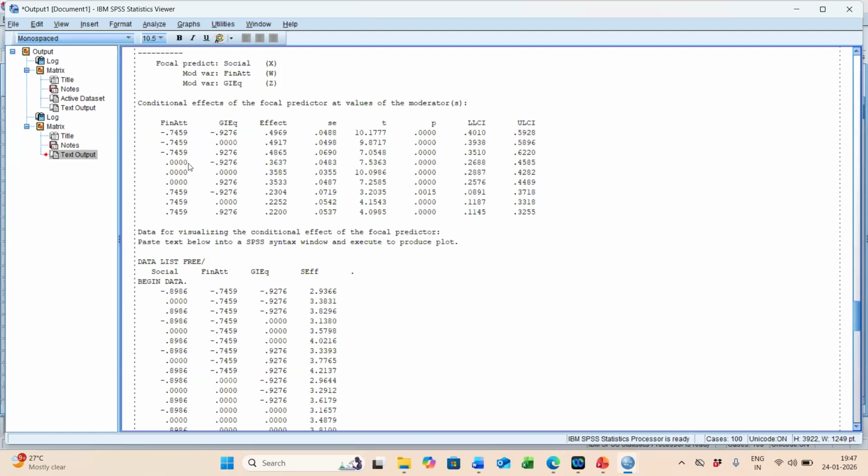And at the mean level of financial attitude and the least level of gender equality, again, the effect is reduced to 0.3637. At mean level of both, it is 0.35. So you see, the effect is actually reducing. Effect is reduced at different levels. Okay, if you closely observe, you will be able to interpret something more.